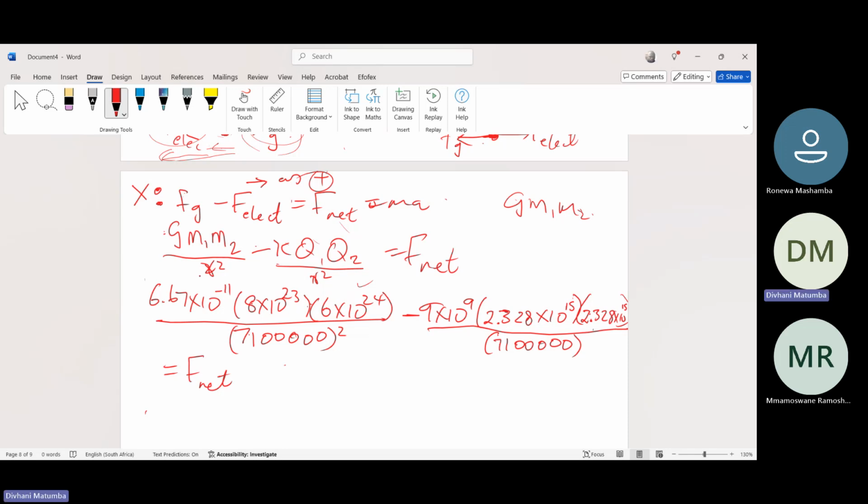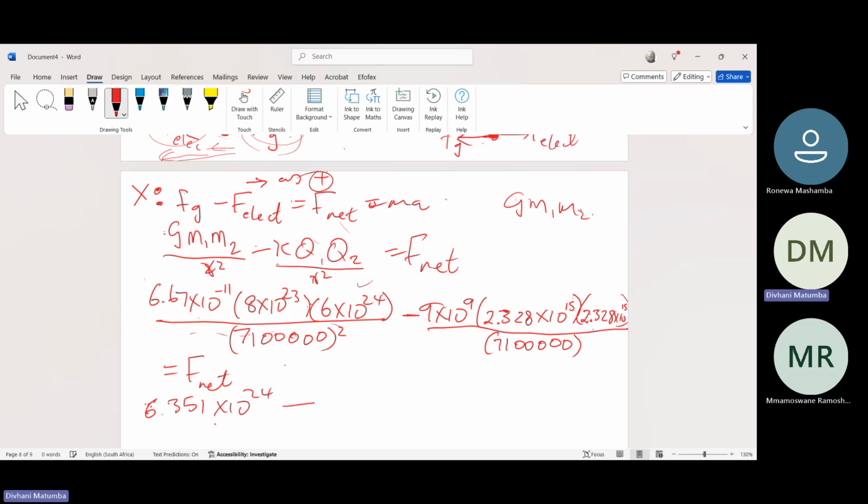You can start with the first expression. I'm getting 6.35 times 10 to the power 24.